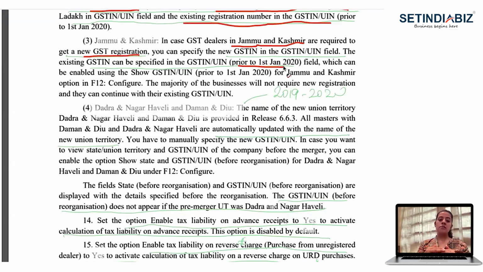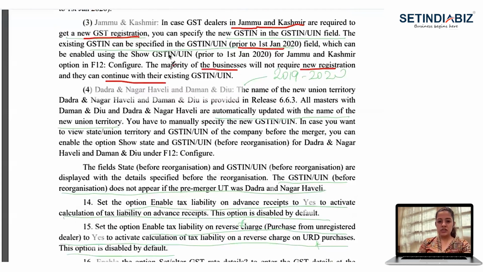And if I am preparing the financial statements for new companies after 2020 of Jammu and Kashmir dealers, then I have to get the new GST registration number, right? The majority of the businesses will not require new registration. They can continue with their existing ones. And you can see the GSTIN number in option F12.